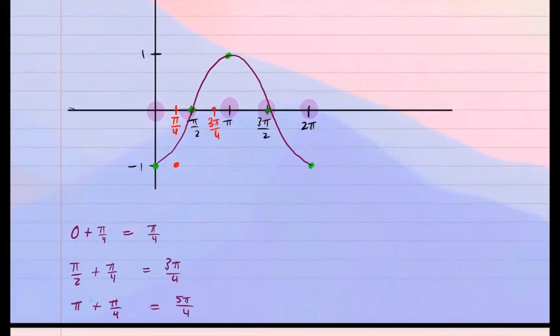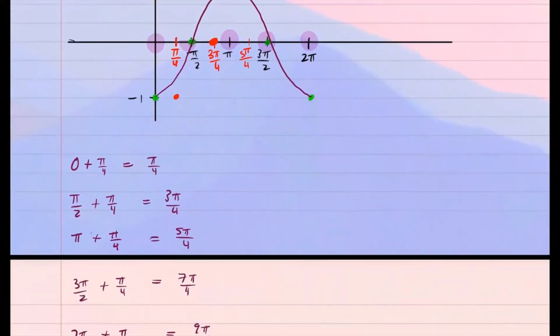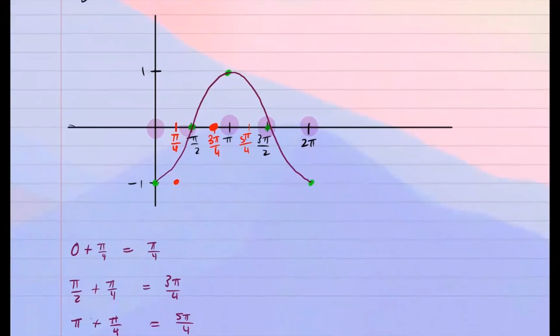So this is going to have this point. And then 5 pi over 4 is right here. And then the next points are 7 pi over 4 and 9 pi over 4. And just recreate the points. So here's the next one, here's the next one, here's the last one, and we make the shape.